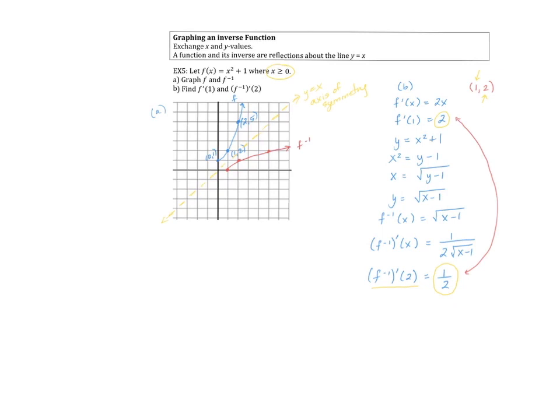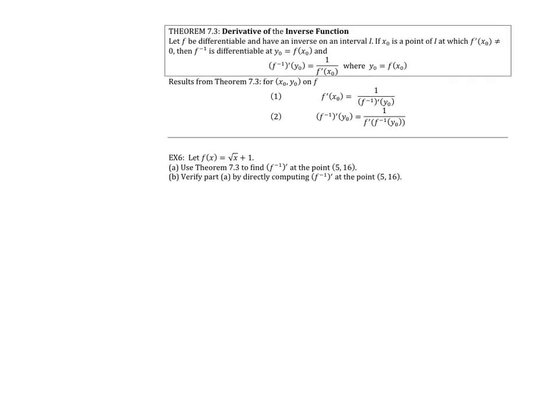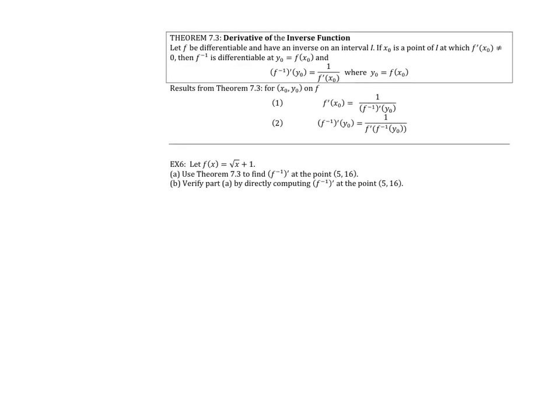Which brings us to this theorem, which is theorem 7.3, the derivative of the inverse function. So let's say we have a function that's differentiable and it has an inverse.